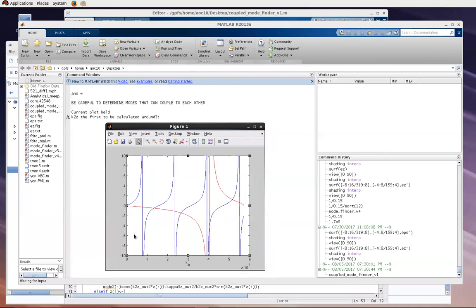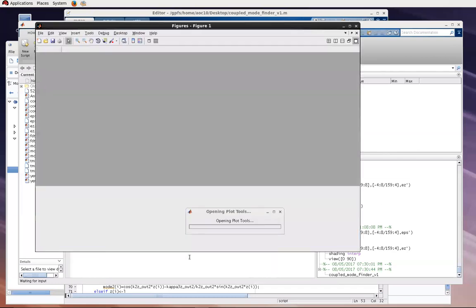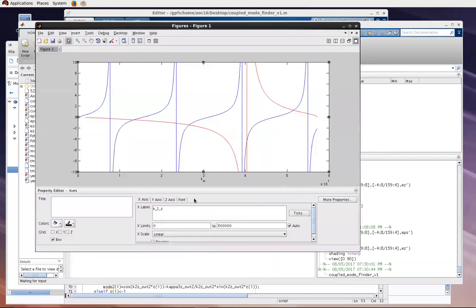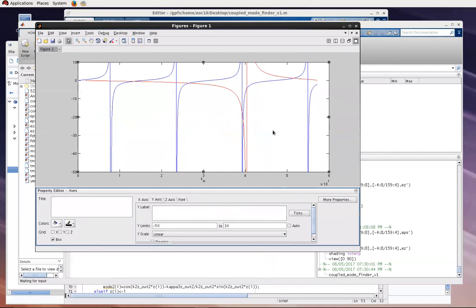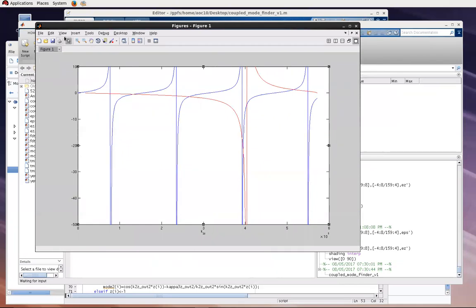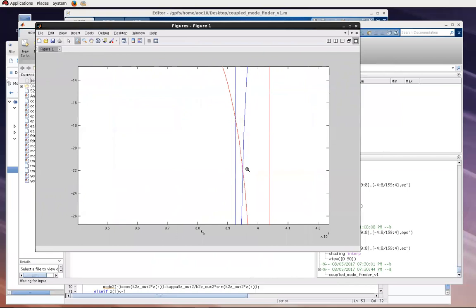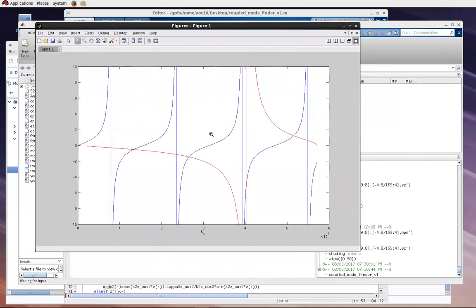It's going to take a little while, but since we can't see the intersection point here, you can come to this minus y position. Okay, now it's more visible. So let's look at that. All right, this is the point we're interested in. It's somewhere between 3.9 and 4. 3.95 would be a good estimation.